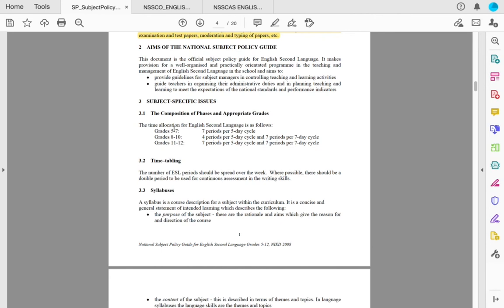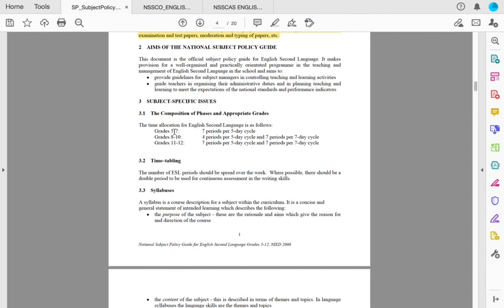level. And here, for the upper primary, I'm not very sure how they've divided them. But I do know that I think grade 9 is now part of the upper primary, right?